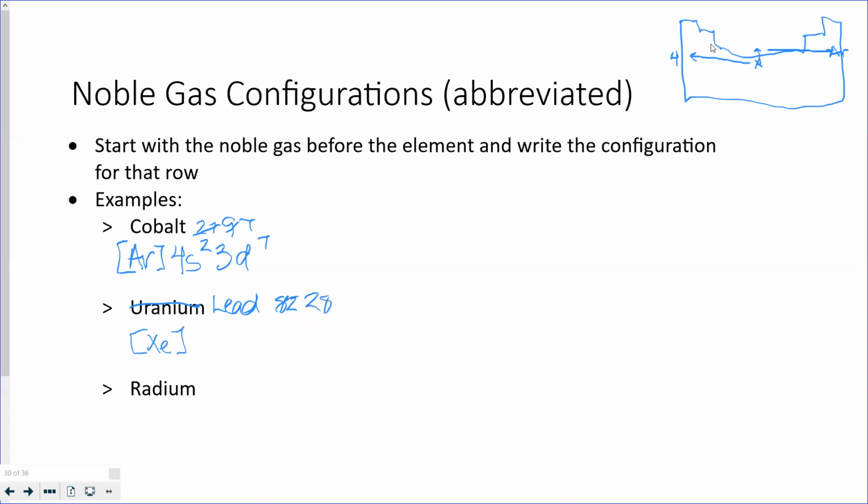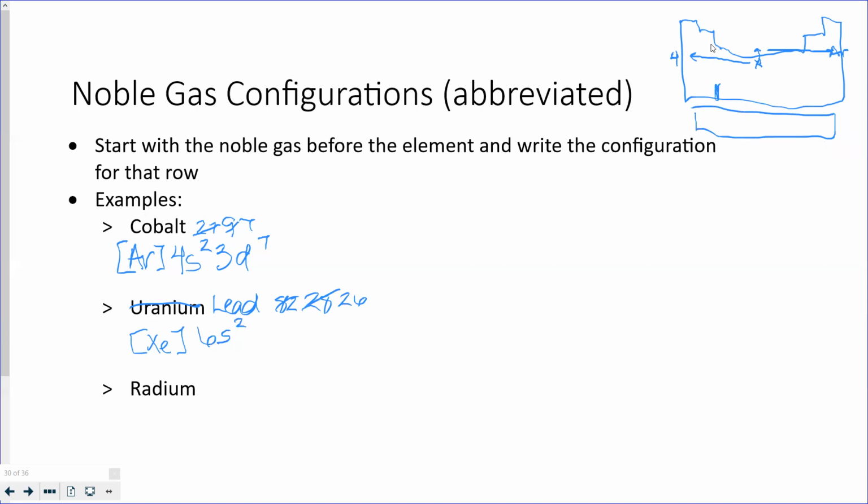If you look, lead is on the 6th row of the periodic table, so we're going to start with 6s. We said S can hold 2 electrons, so we're down to 26. After 6s is where it gets tricky, because those inner transition metals are actually part of the 6th and 7th row on the periodic table.